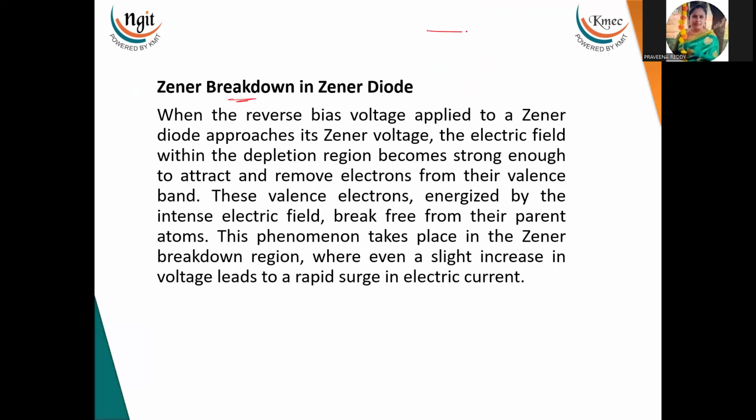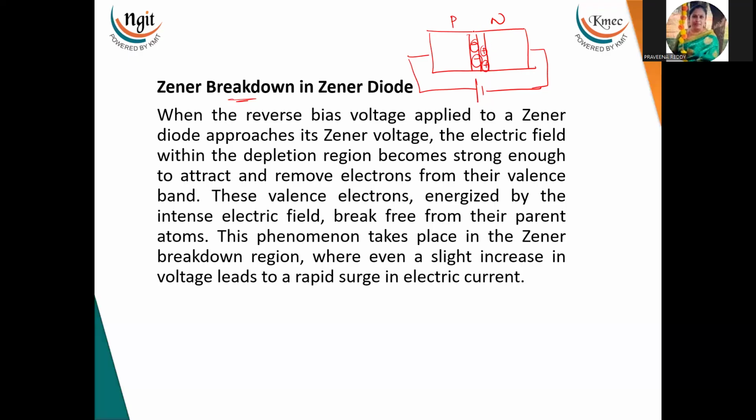What is the Zener breakdown? This is the P material, this is the N material, and this is the PN junction. Because of the highly doped P and N material, the depletion width is very narrow. Within the narrow depletion width, ions accumulate and a high electric field intensity is set up.